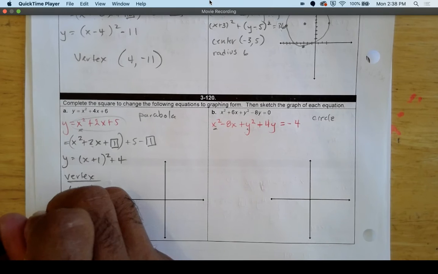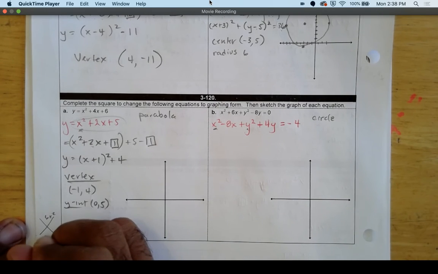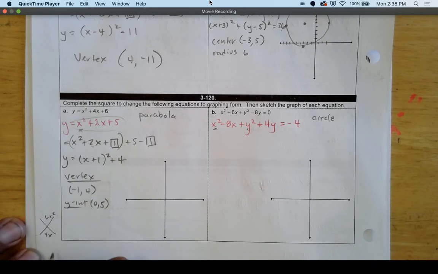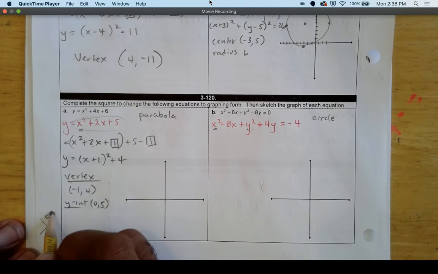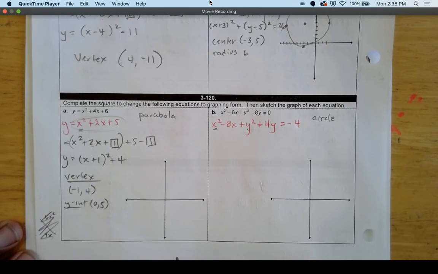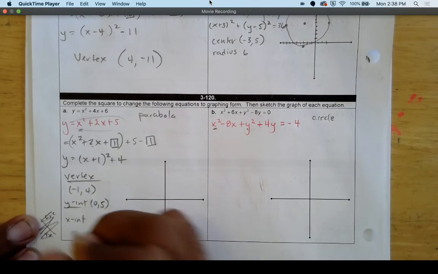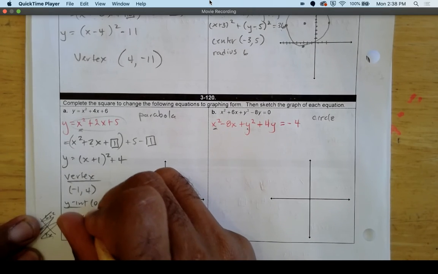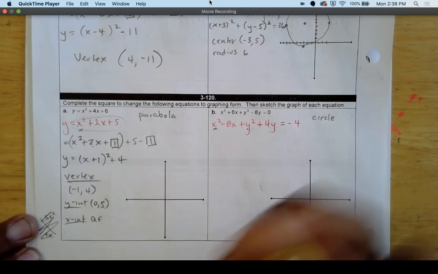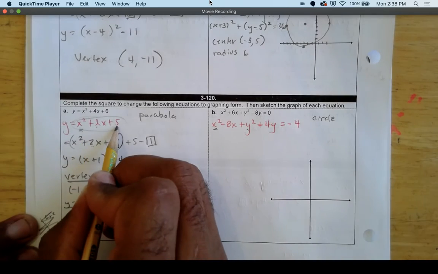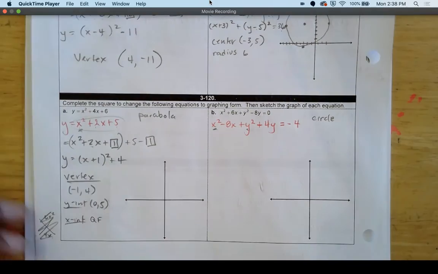So I put 5 on top, and then 2x down here, and figure out 2 numbers that multiply to 5 but add up to 2. Well, that doesn't work. So guess what? Quadratic formula. Okay, so to find the x-intercepts in some of these problems, you're going to need to use the quadratic formula. So I got my a, which is 1, b is 2, 5 is your c.